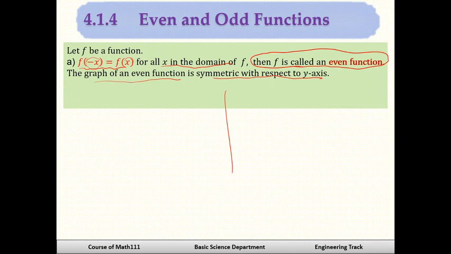So if this point x, y is here on the graph, then minus x, y should be on the graph. Any point here should be there. So it has to be symmetric with respect to the y-axis.